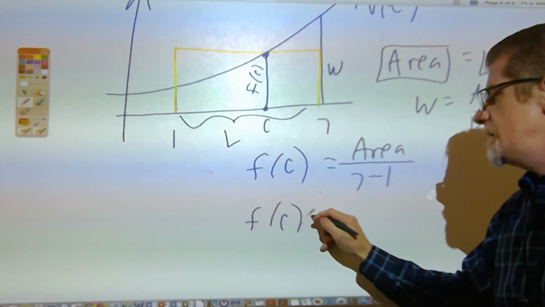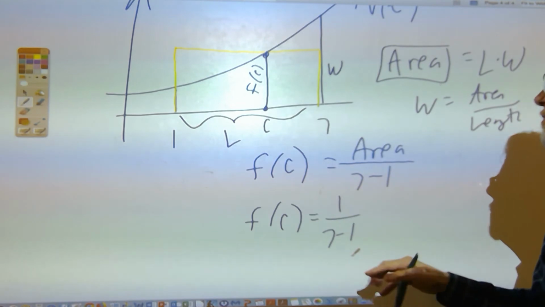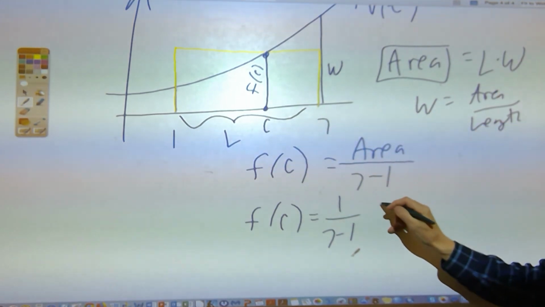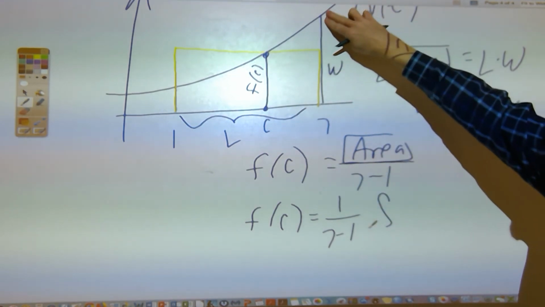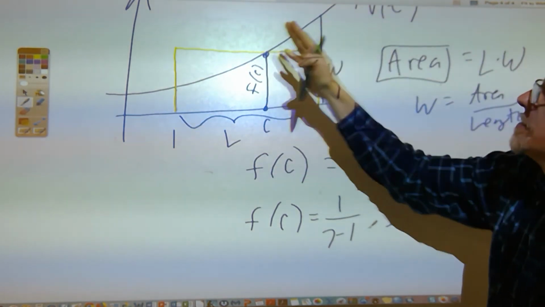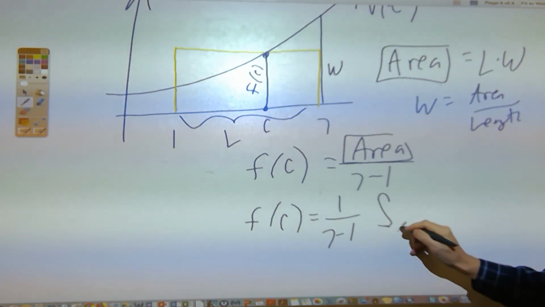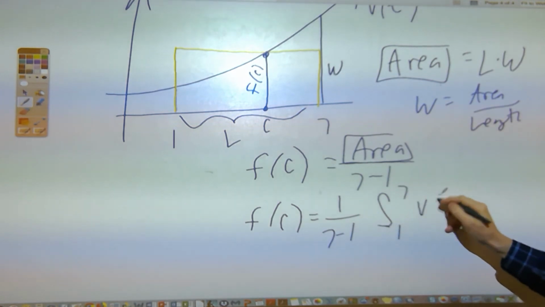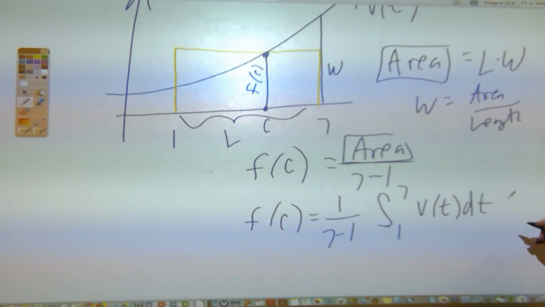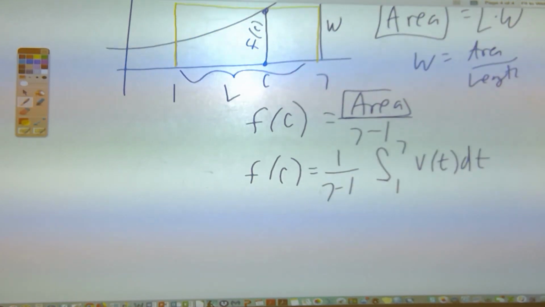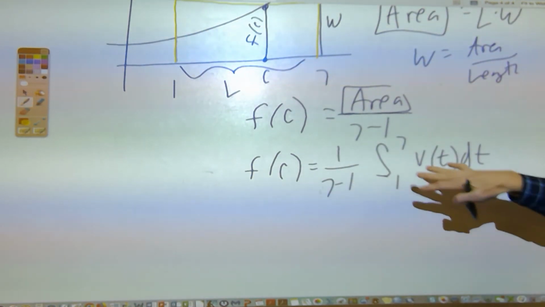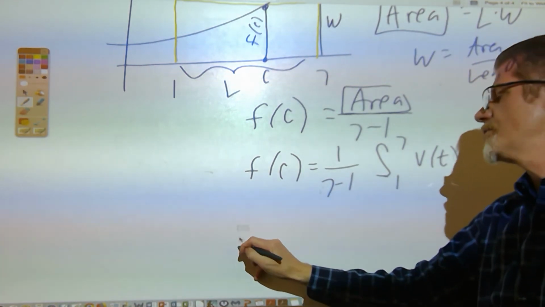F of c is 1 over 7 minus 1, that's like the length of the rectangle, times the area of the rectangle, which would be the same as the area before the bulldozer comes and levels it out, which is the integral from 1 to 7 of v of t dt. And it's a function, I have f in there. In general, let's just make it general because it applies to velocity or any other function.